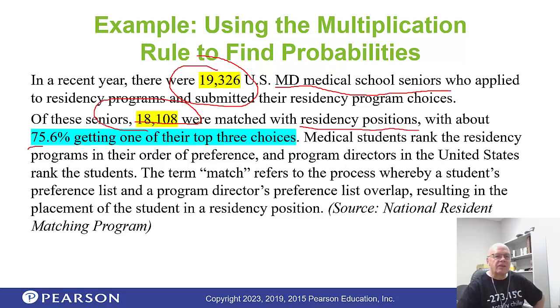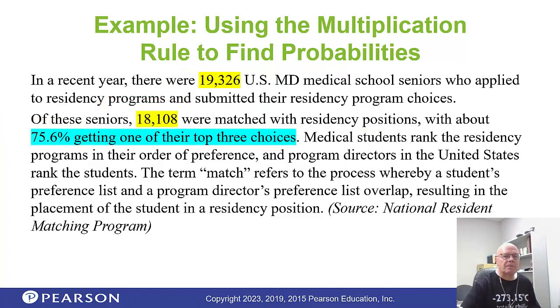And 75.6% got one of their top 3 choices. I'm sure they're dancing in the streets if that happens. Medical students rank the residency in their order of preference, and program directors rank the students. A match means the student's preference list and the program director's preference match. So they get a placement in a residency position.